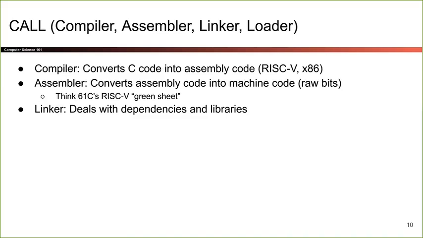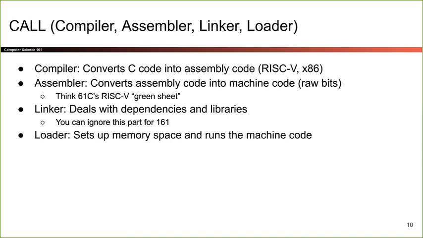And then the linker's job is to go and actually link that little symbol against the real malloc code that is somewhere in some shared library on your computer. So the linker links everything together so that the CPU just has to deal with a really long string of instructions. You don't have to use this for 161. This is just part of the CALL sequence.